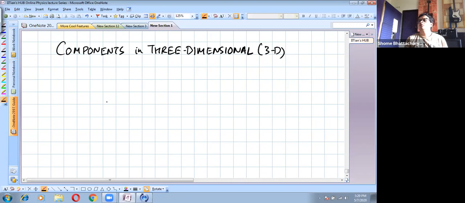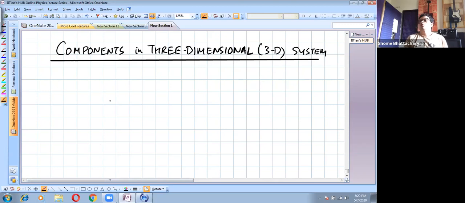In short, we call this 3D. So the system that I'm referring to is a 3-dimensional Cartesian, or what we also call a rectangular coordinate frame.